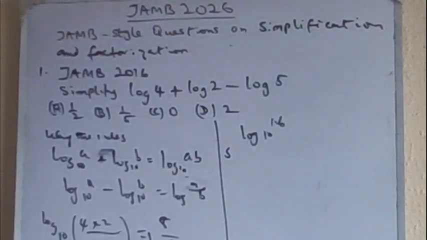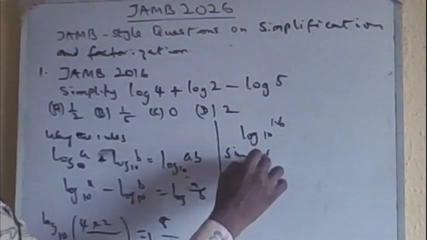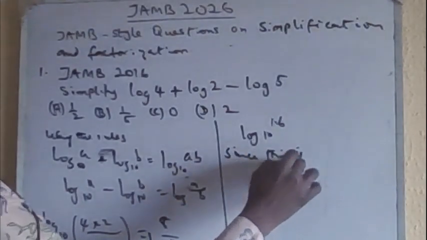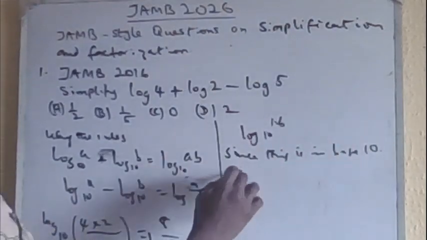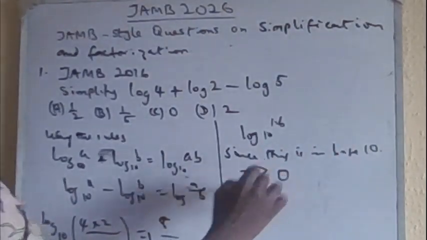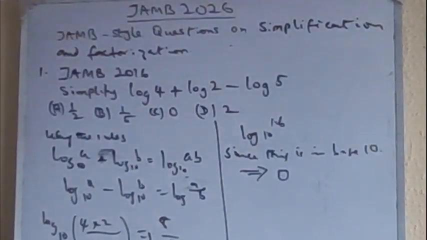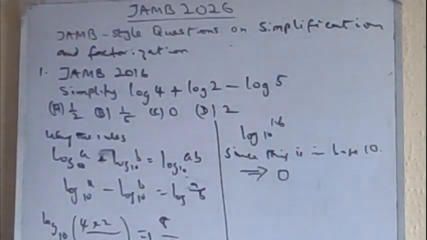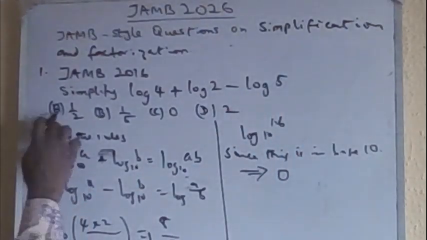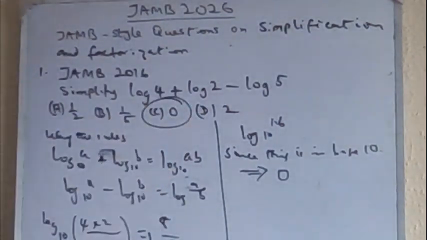Since this is in base 10, this log approximates to 0. Why? Because this number is really, really small. So the whole of this approximates to 0. So the answer out of all these options is option C.